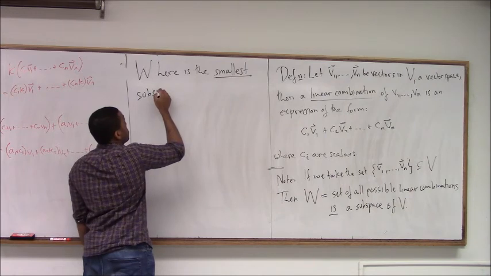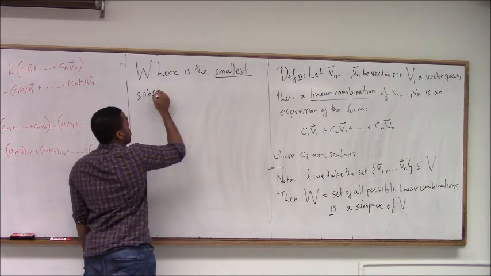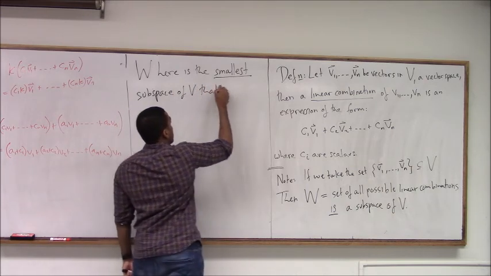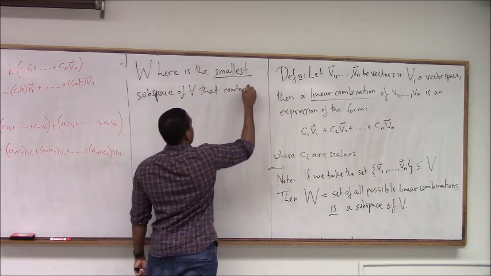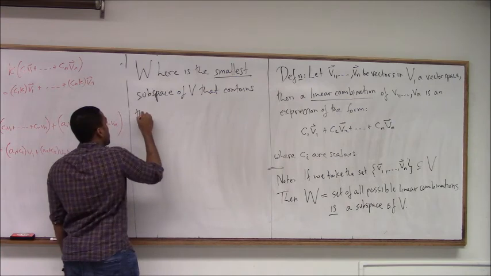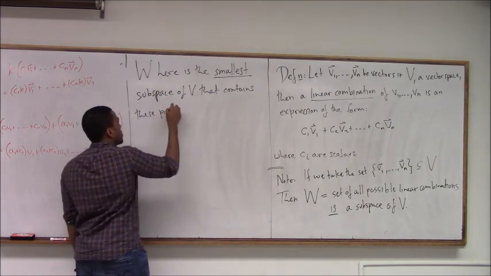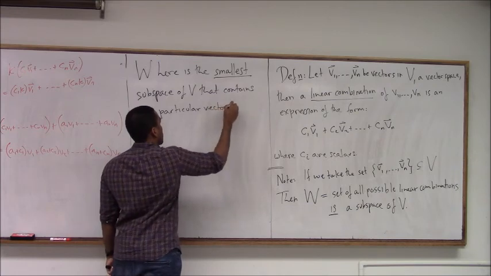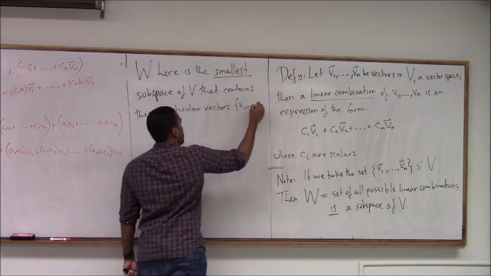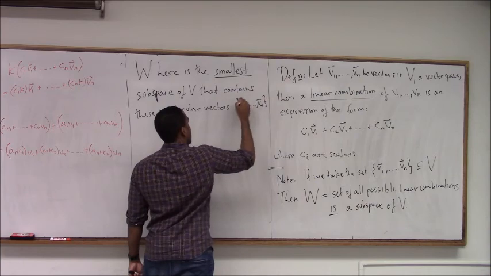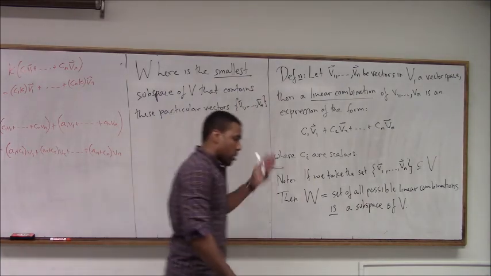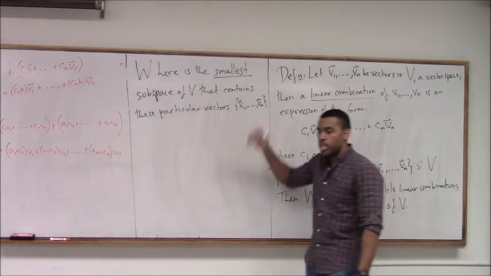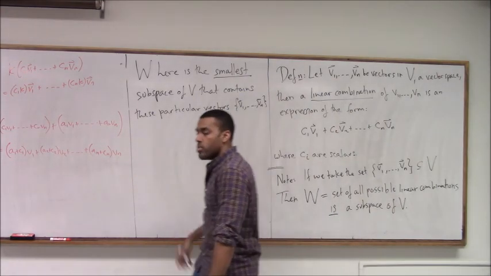So W here is the smallest subspace of V that contains these particular vectors v1 to vn. The set of all possible linear combinations is a subspace, and it is the smallest subspace of any vector space that contains the vectors you care about.